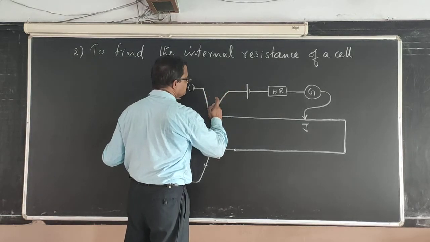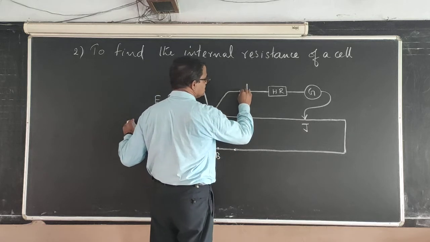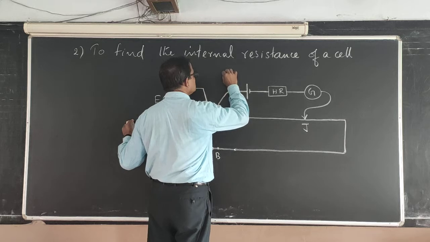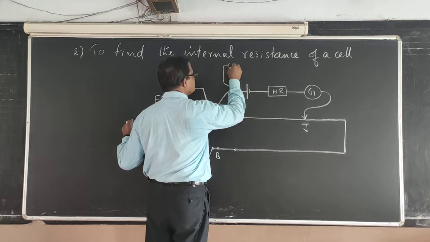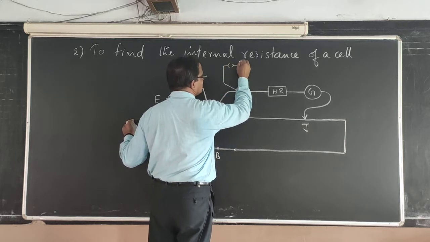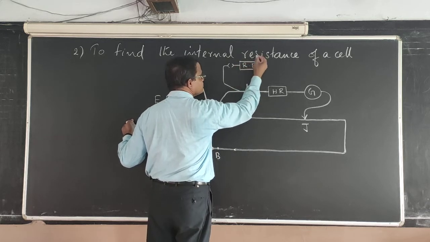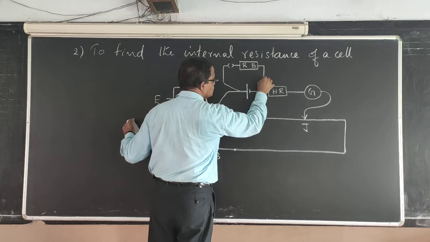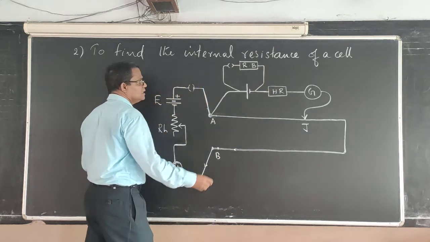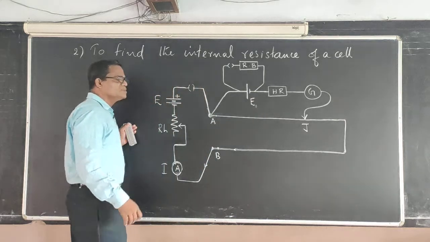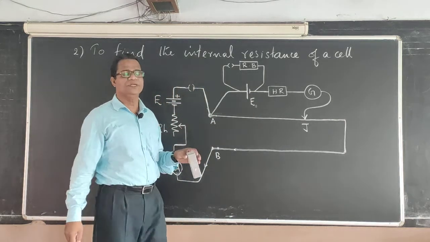And if you want to determine the internal resistance, we will be making a bypassing circuit with a resistance box across the EMF E1, whose internal resistance is to be determined.